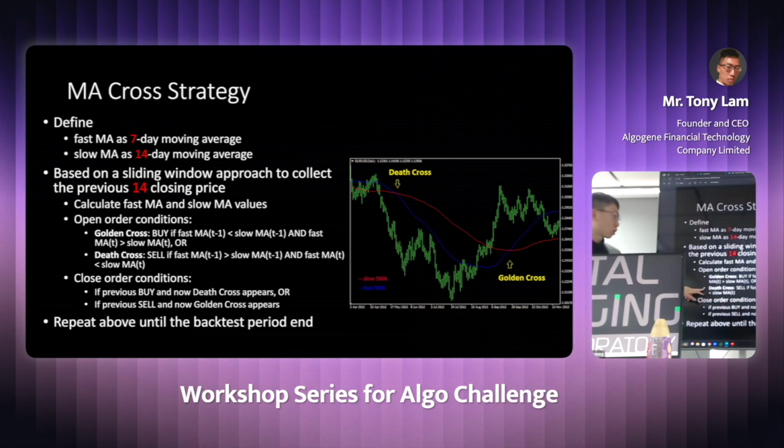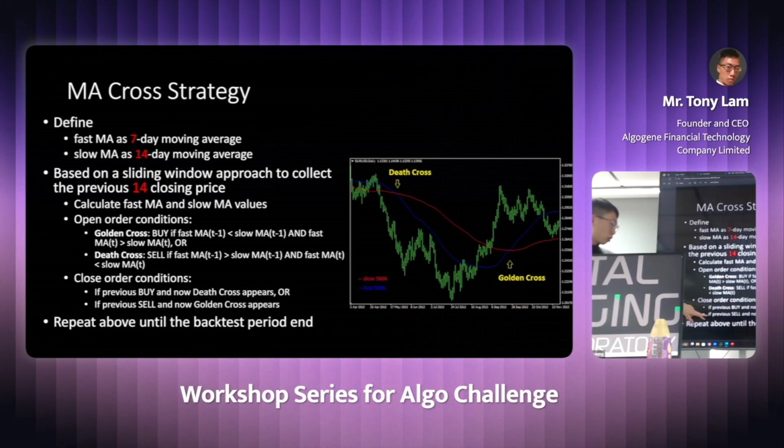So we have a death cross. For the death cross, we will open a sell position. This will be our order entry. And then for order close, we simply check whether we have a reverse signal. Let's say if we previously opened a buy position at a golden cross, but now we see a death cross, then we will close our position.